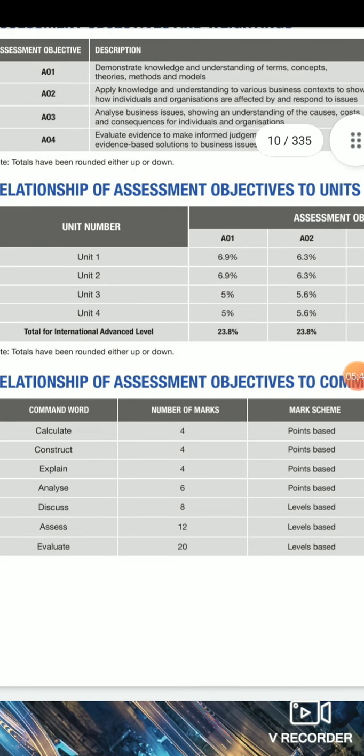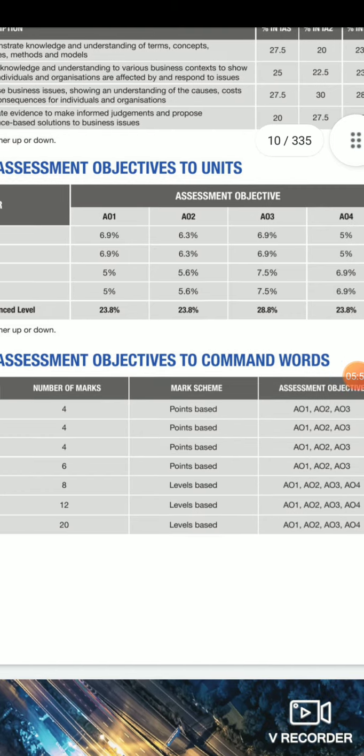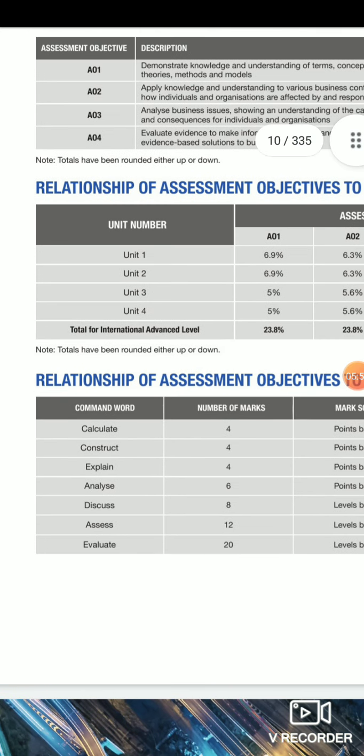The first type is the questions that start with the word calculate, which is usually for about 4 marks, and it's merely calculations based on formulas. Or construct, where you need to construct a diagram, or explain, where you need to briefly explain a certain concept or an effect.